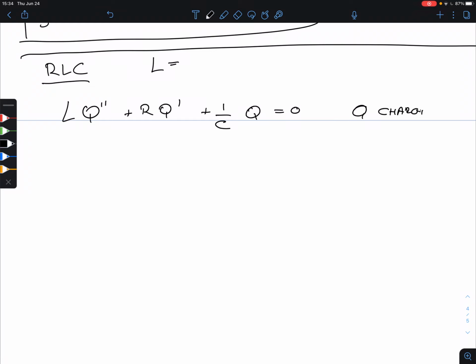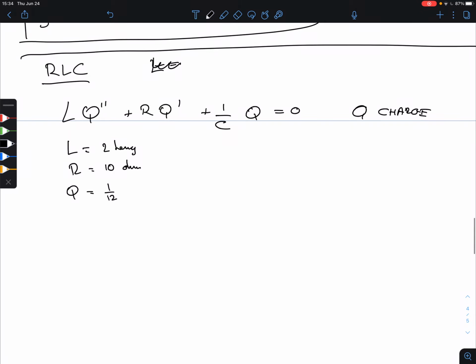So we have L is 2 henries, R is 10 ohms, C is 1/12 farad. The initial charge Q0 is 0 coulombs, and the initial current is 1 ampere. These are the data, and this is our equation.